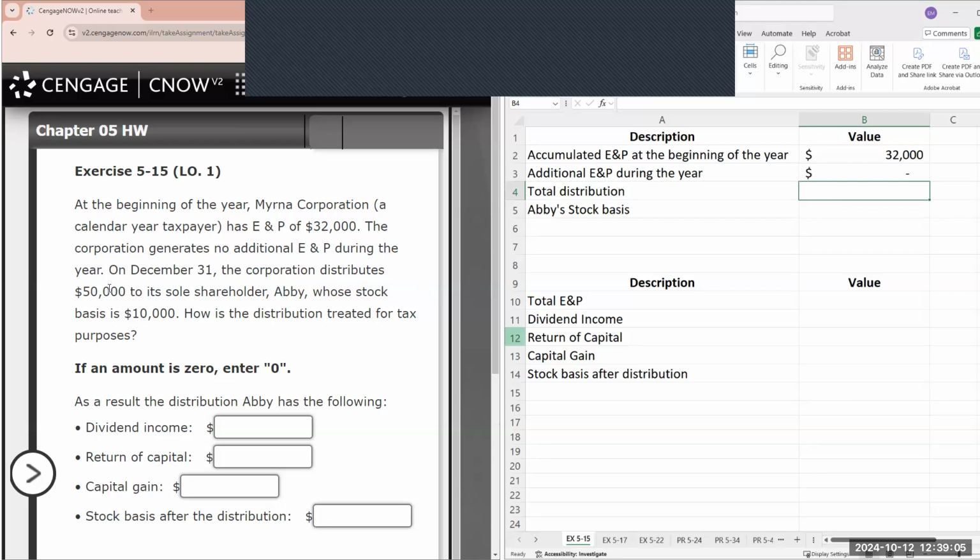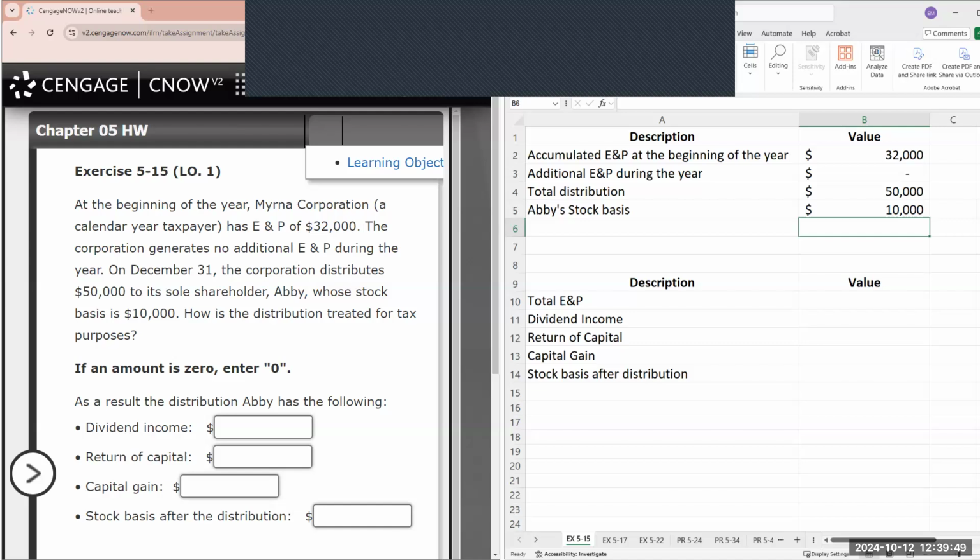The total distribution per the problem is 50,000. And then Abby's stock basis, in this case, is 10,000. So based on this, we need to determine how much is going to be earnings and profits. We know that earnings and profits is ultimately always dependent upon the amount that is in the accumulated and the current earnings and profits. So in this fact pattern, we have no current E&P, but we have a positive balance in the accumulated E&P.